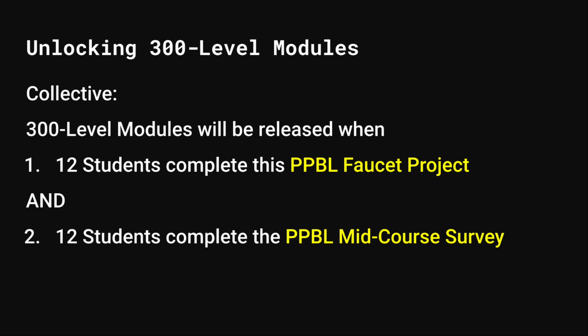And here's a little challenge for all of us to engage in together. Before we release the 300 level modules, we'd like to see a minimum of 12 students completing this project and 12 students completing the PPBL mid-course survey.